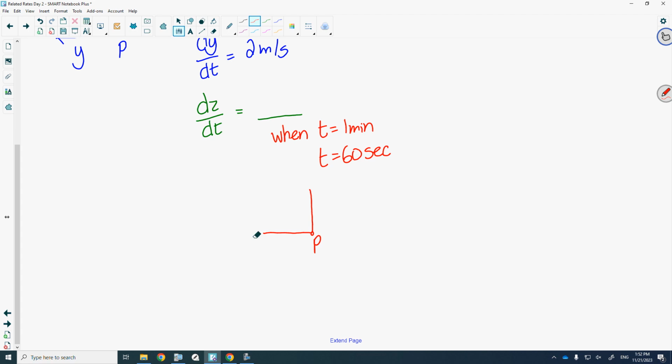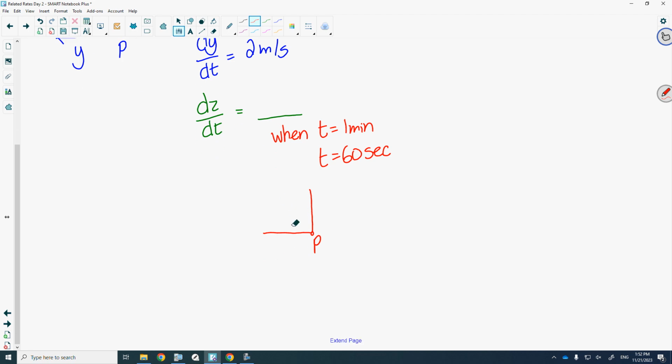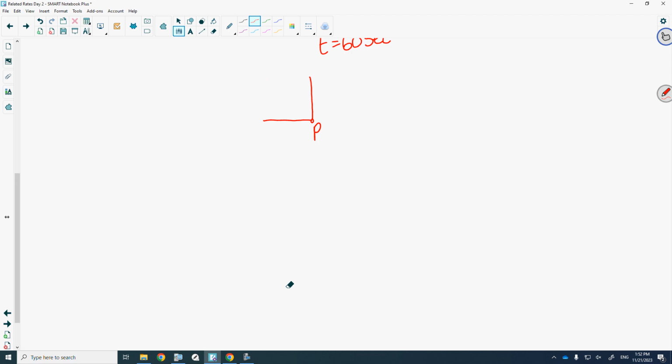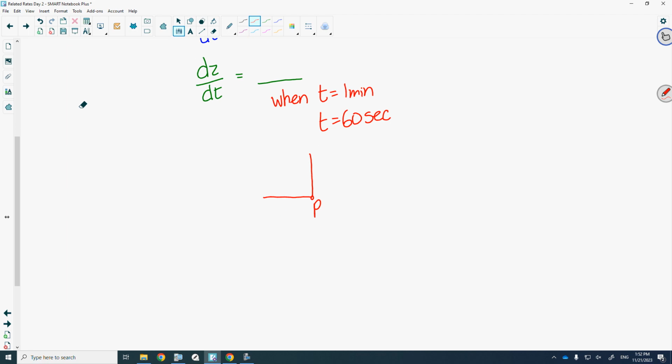And we can actually figure out in 60 seconds how far he got. He goes 2 meters per second, right? So if I want to know at 1 minute, at 60 seconds, what is y?